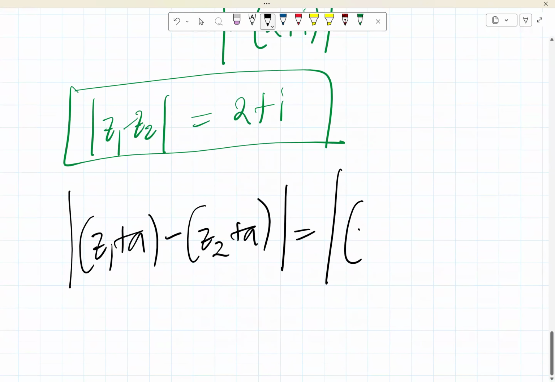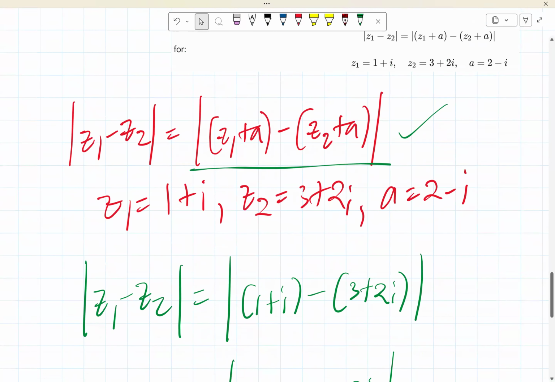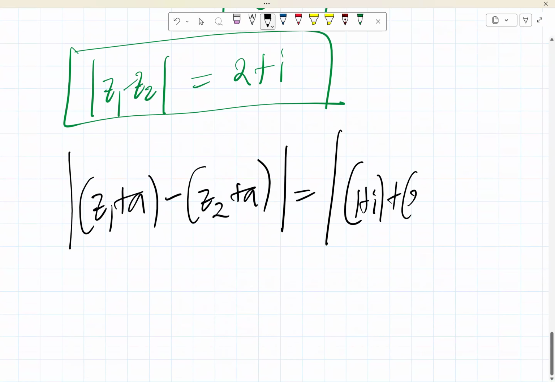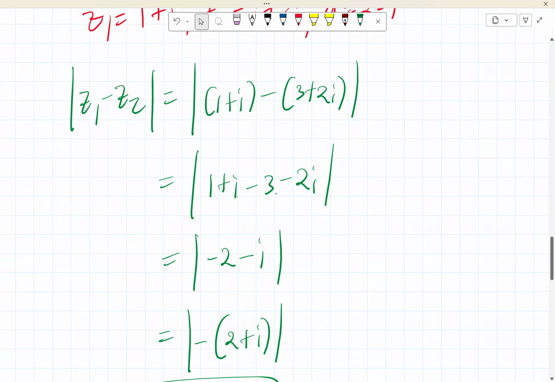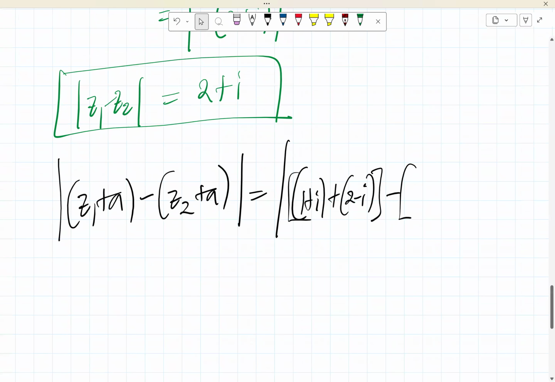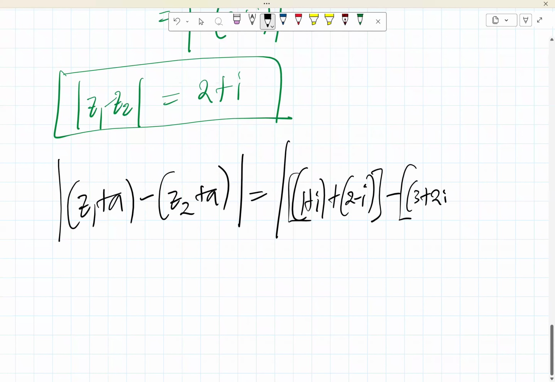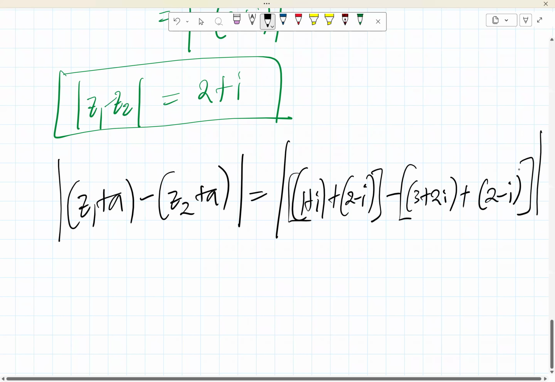So that's 1 plus i plus A. A is 2 minus i. So that's the first part. The minus Z2. Z2 is 3 plus 2i plus A. A again is 2 minus i. So absolute value of that.